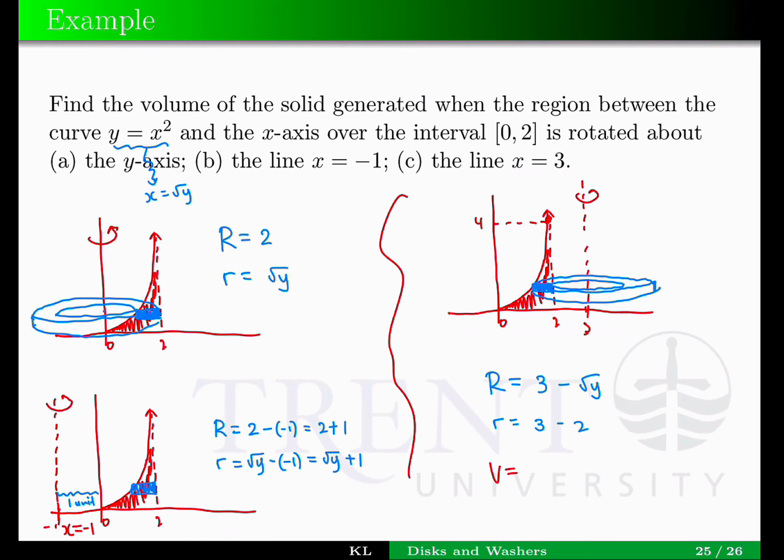So the strip will run from your y equals 0 up to y equals 4. So the integral from 0 to 4 of pi times bigger radius squared, 3 minus square root of y squared, minus 3 minus 2 squared dy. So this will be the setup for this solid. Take note that these three here, they will generate different solids.